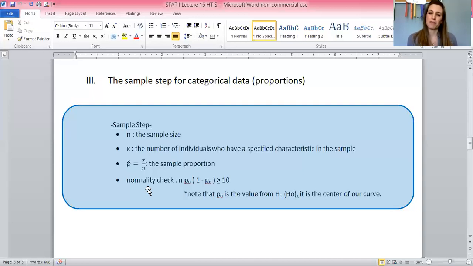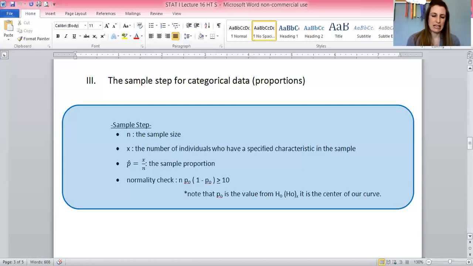Now, the center of my curve is the value from my null, from H naught, right? So that value is my P naught. So P naught comes directly from the null hypothesis. Whatever that value is, that is my P naught, that is the center of my curve, and that's what I'm checking normality with, okay?